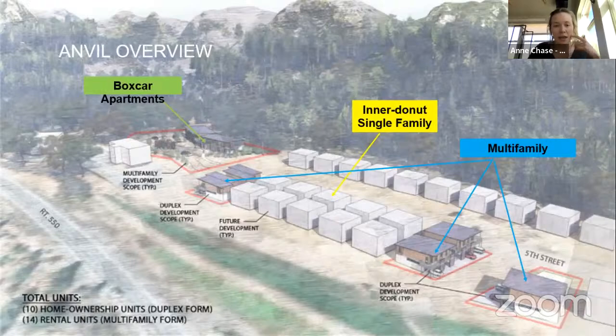So here's a visual aid of our different projects. This is from the Colorado Housing and Finance Authority small scale housing technical assistance project that we completed in 2022 to create a conceptual plan of the build out of Anvil. And so the multifamily units are located on the end caps of what is typically referred to as the donut.